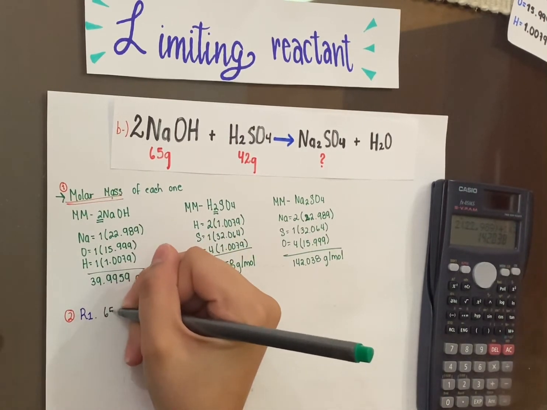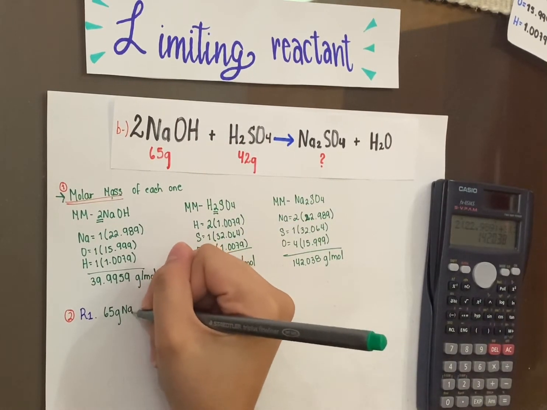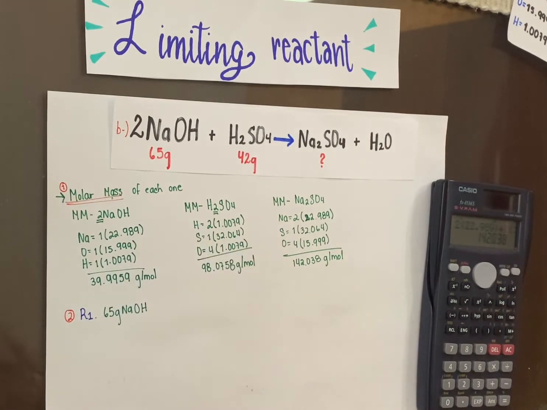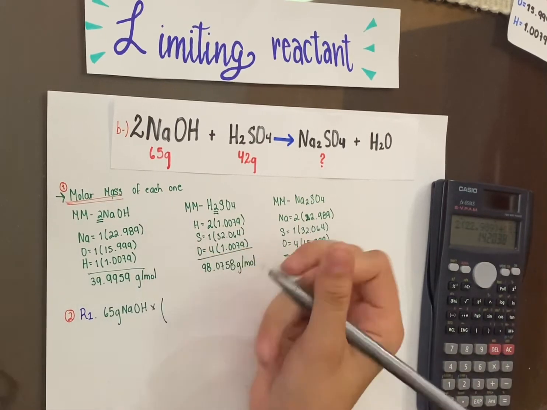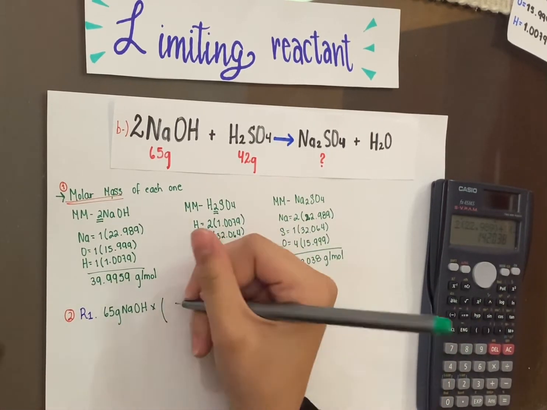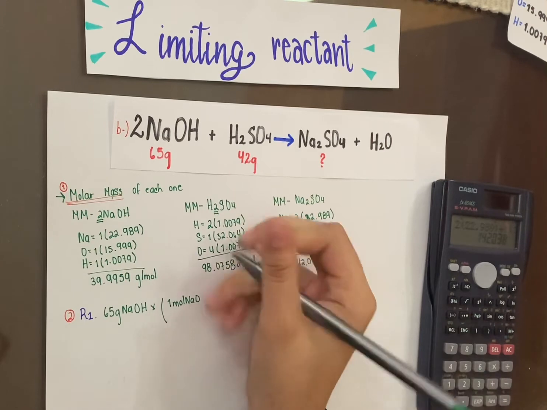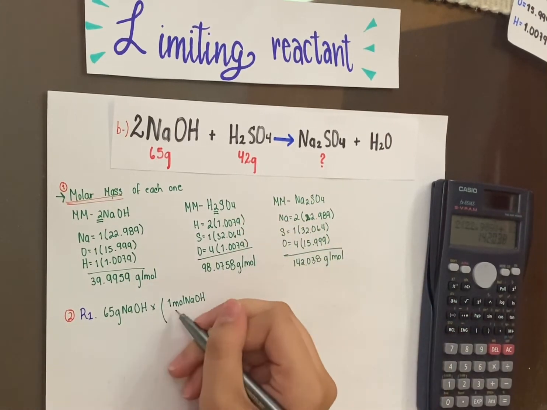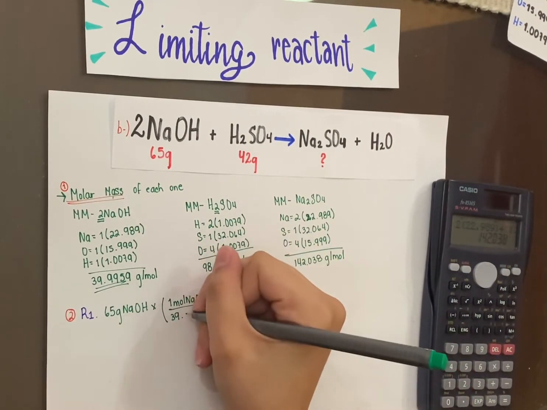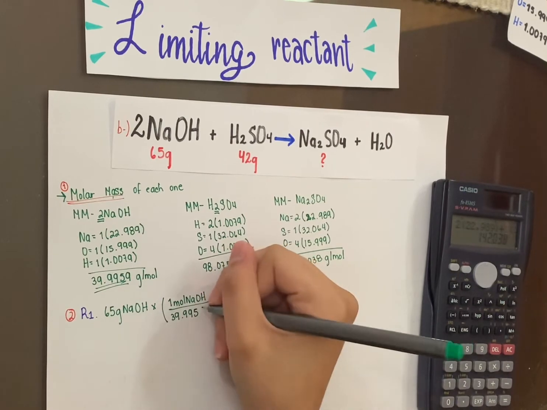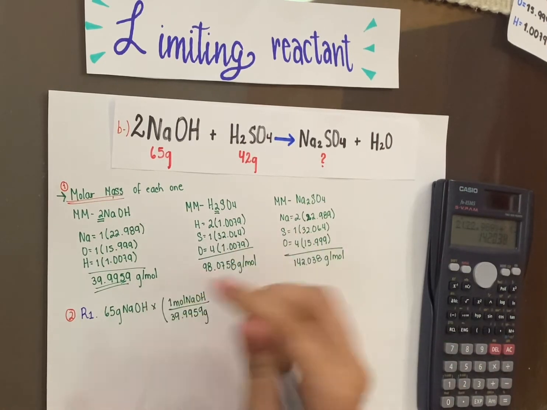So I will write 65 grams of NaOH, and we're going to multiply times 1 mole of NaOH, which has this value, 39.9959 grams of NaOH.